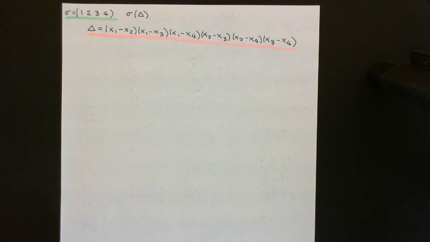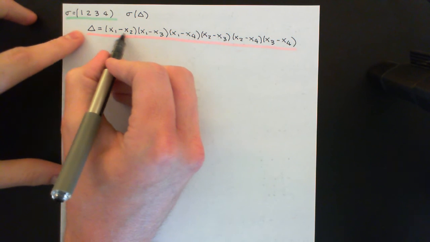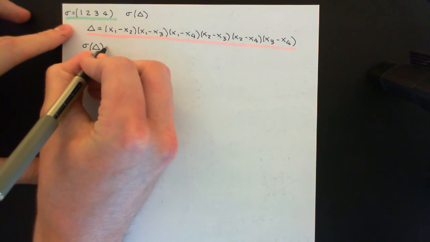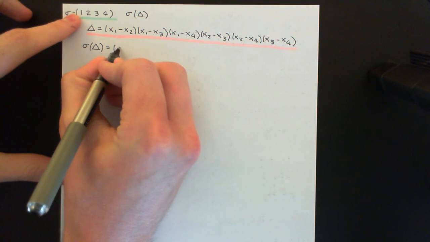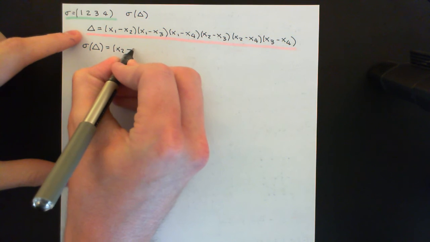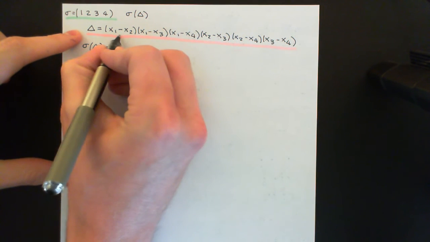So the way, remember, that we do it is we go through each of these terms and we let sigma act on the indexes. So this is going to be sigma of delta here. When sigma acts on 1, it will send it on to 2, so that one becomes x2. When sigma acts on 2, it will send it on to 3, so that one will become x3. So that's that first term.